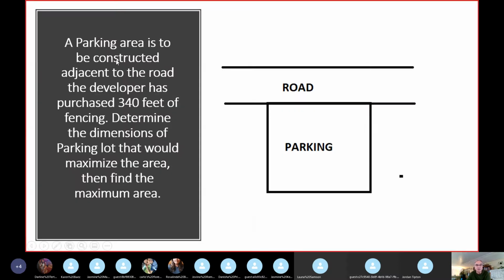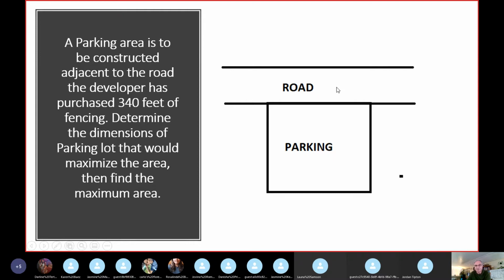A parking area is to be constructed adjacent to the road. The developer has purchased 340 feet of fencing. Determine the dimensions of the parking lot that would maximize the area, then find the maximum area.